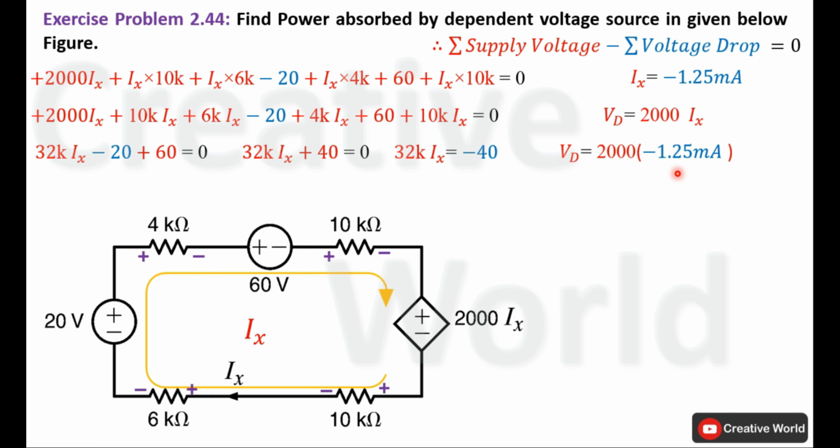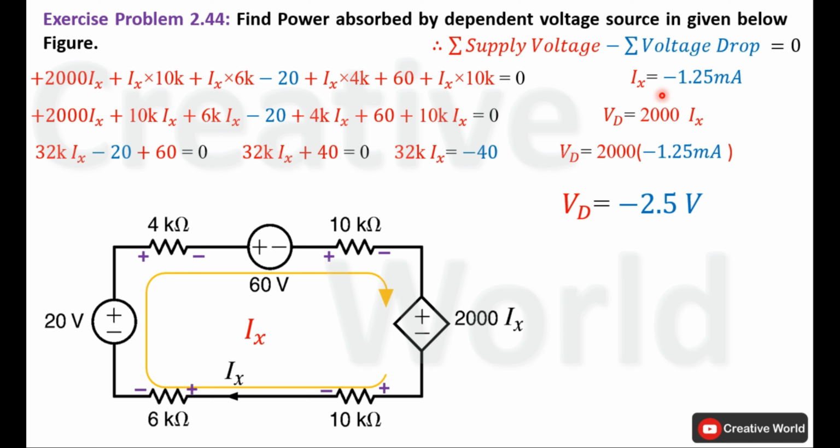Now take the product of these two values. The voltage will become minus 2.5 volt. Up to this point, we have calculated voltage across this dependent voltage source, that is minus 2.5 volt. The value of current Ix is already calculated in the previous step, that is minus 1.25 milliampere.